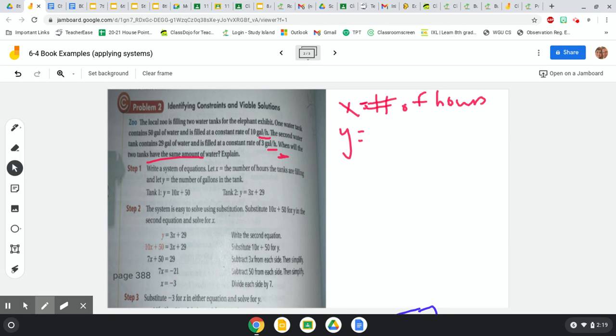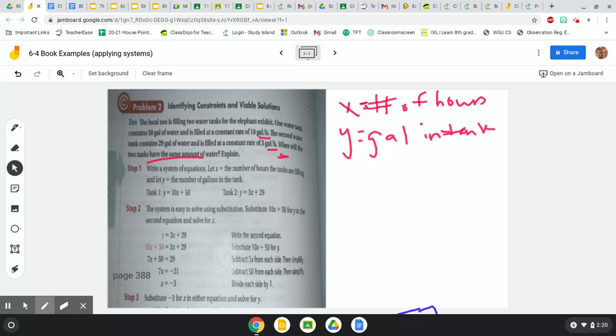And my Y value, if I'm thinking about the situation at hand, there are tanks with a certain amount of water, but it only tells us how much it's filling up per hour and how much was originally in it. It doesn't tell us the total amount. So that's another unknown. I'm going to say Y is gallons, because it mentioned gallons, in the tank.